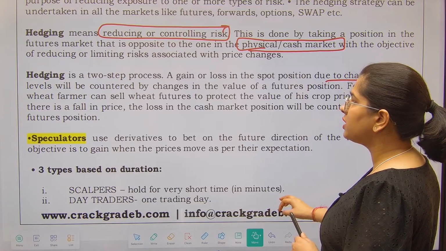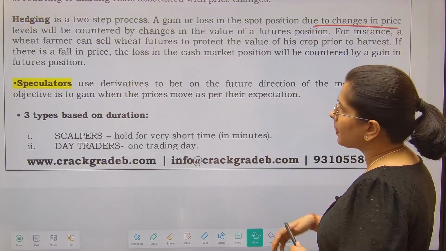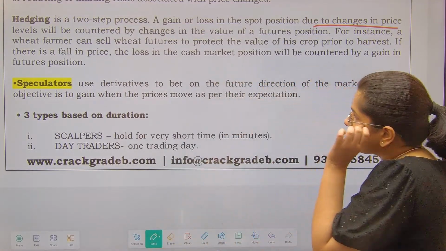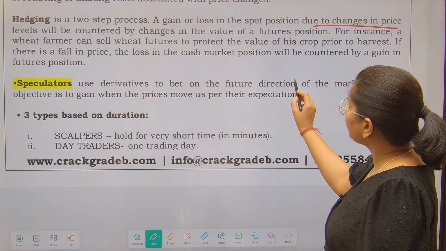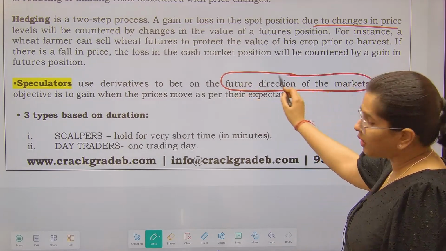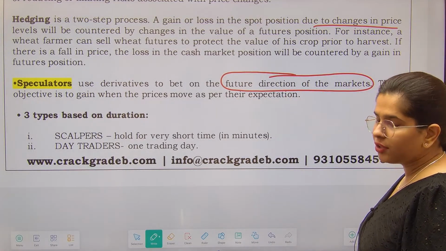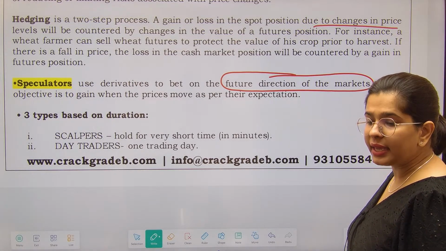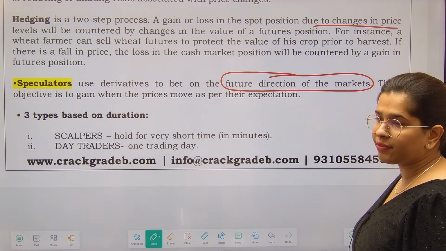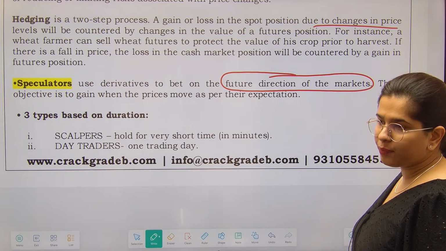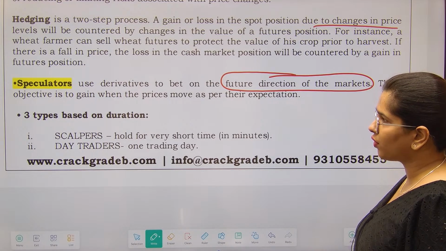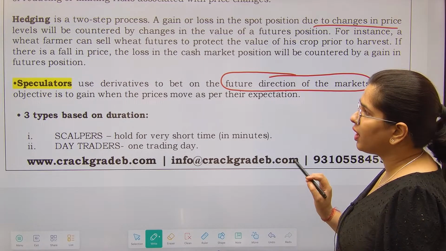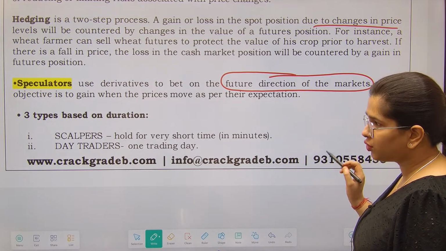Next, let's talk about the speculators. So who all are the speculators? Speculators, I have told you, use derivatives to bet on the future direction of the markets, right? Why? Because they want to make a gain. ठीक है, इनको gain चाहिए. Fine. They are just interested in profits. They do not have an asset. They just want to obtain the gain. There are three types of speculators based on duration.